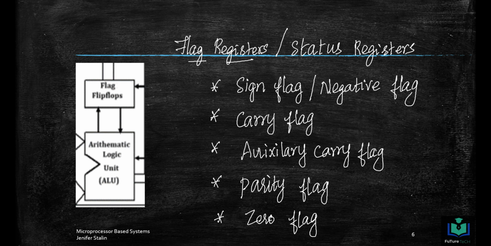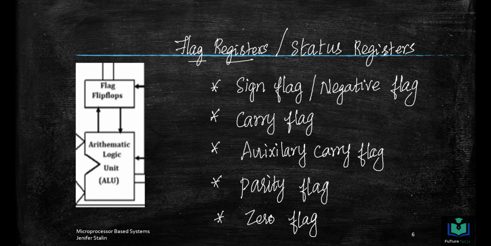So these are the 5 flags used by the 8085 microprocessor. When the arithmetic or logical operation results in a negative sign, the negative flag is set. Otherwise, it is reset. When the operation results in a carry, the carry flag is set.